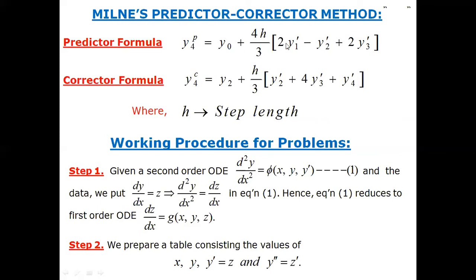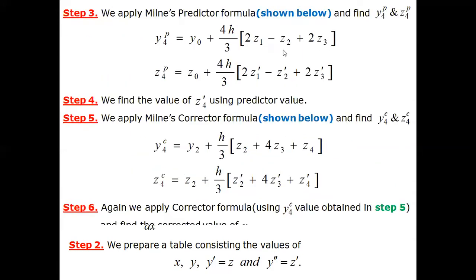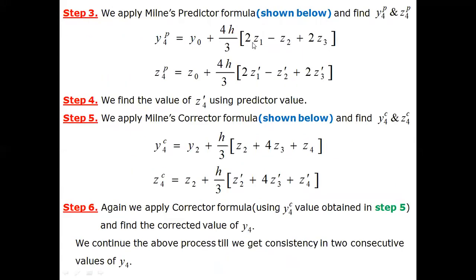In place of y1 dash, you write z1, in place of y2 dash, z2, and in place of y3 dash, z3, because you are taking y dash equal to z as the substitution in step 1 to reduce the second order DE to first order form. So the predictor formula becomes y naught plus 4h by 3 into 2z1 minus z2 plus 2z3. This is the predictor formula for y.